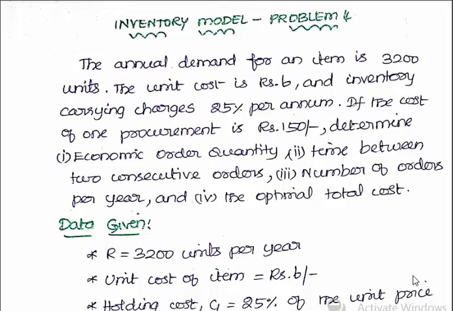In the problem statement, there is no data about the shortage cost as well as production rate. So this problem comes under the purchasing model with shortages not allowed category, that is inventory model 1.